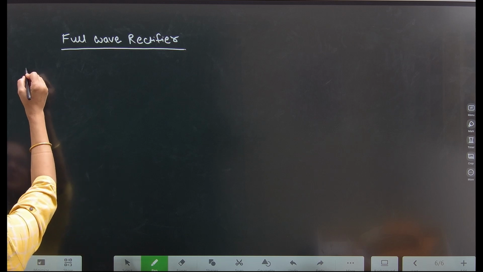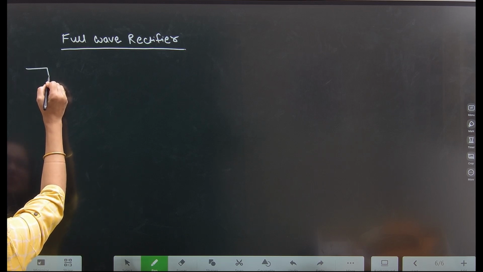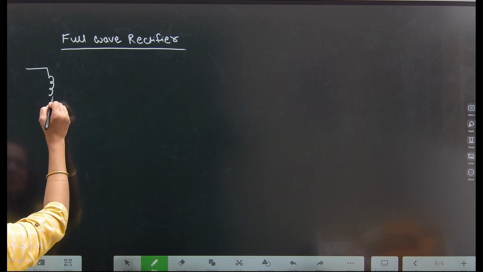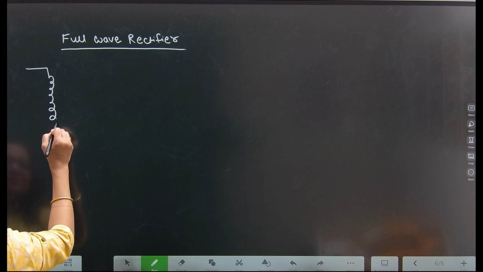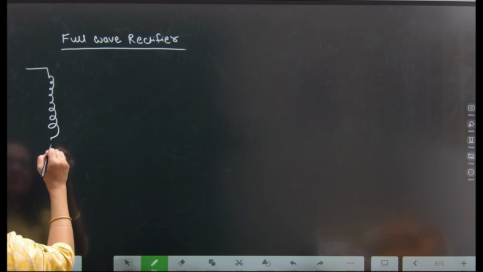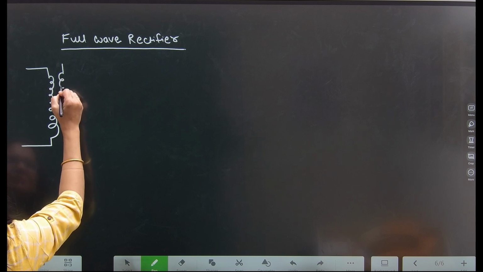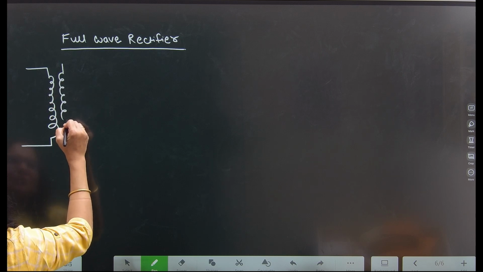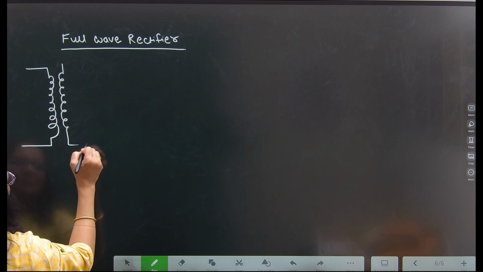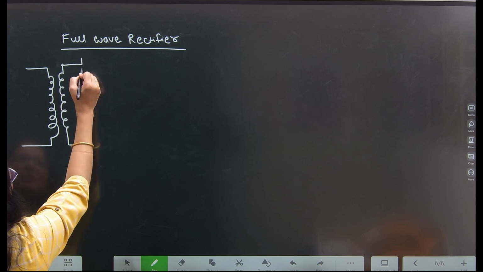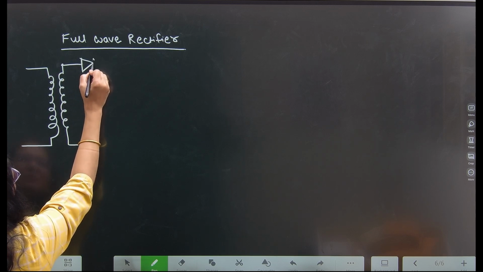Consider the circuit diagram for full wave rectifier. In full wave rectifier, a center tap transformer is used and two diodes are used, diode D1 and diode D2.